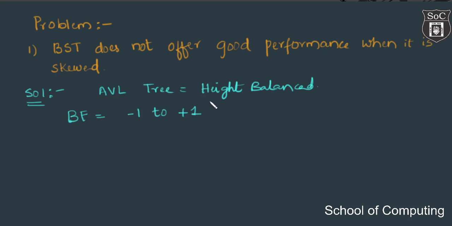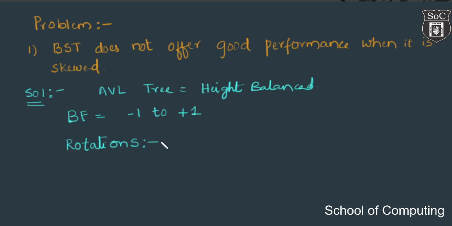And for every node we will calculate the height. If there is a violation of the balancing factor, we will apply something called rotations to make the tree height balanced. So the most important concepts in an AVL tree are the balancing factor and rotations.